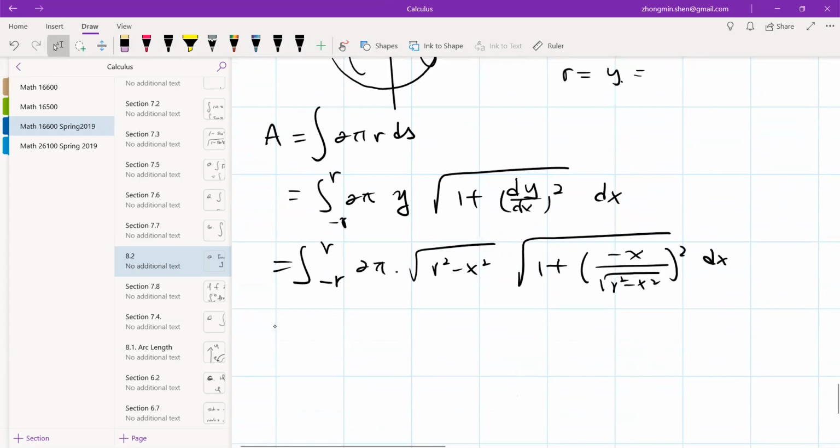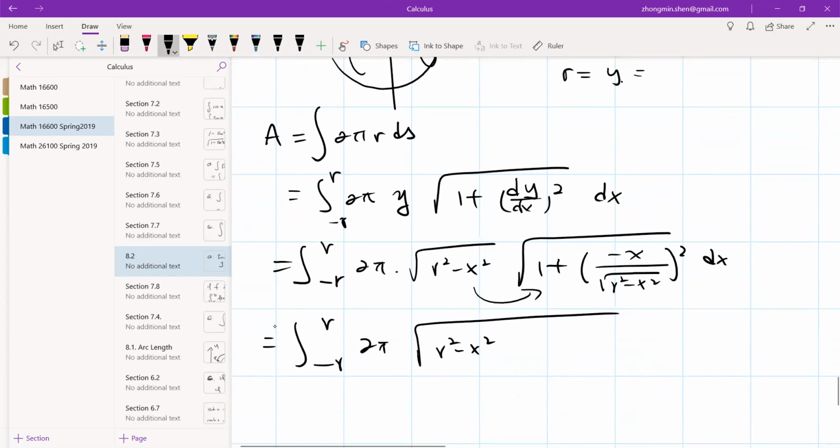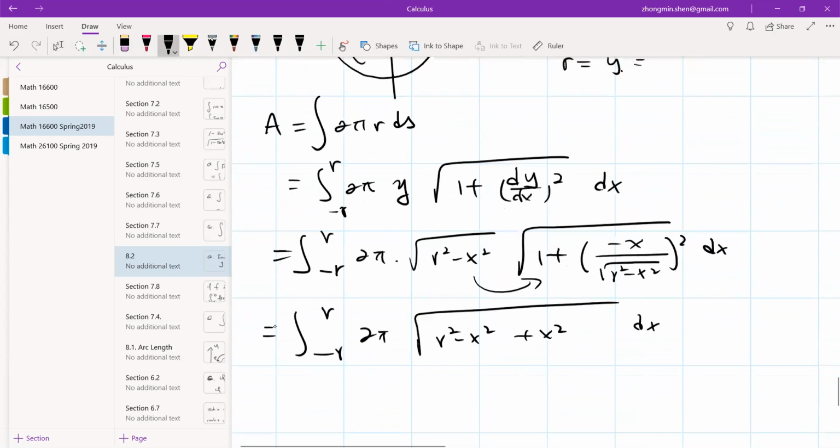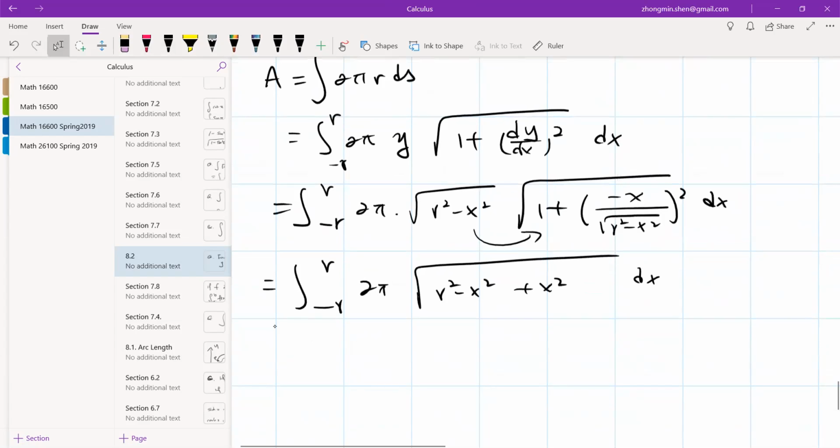Let's simplify a little bit and move it inside. You get r squared minus x squared, and here you cancel the plus x squared. Not too bad. Okay, what you get is x squared cancelled.